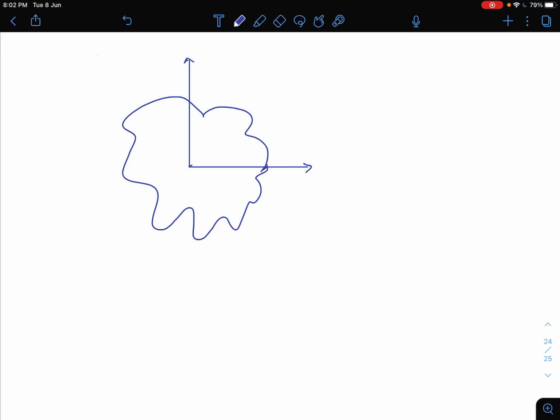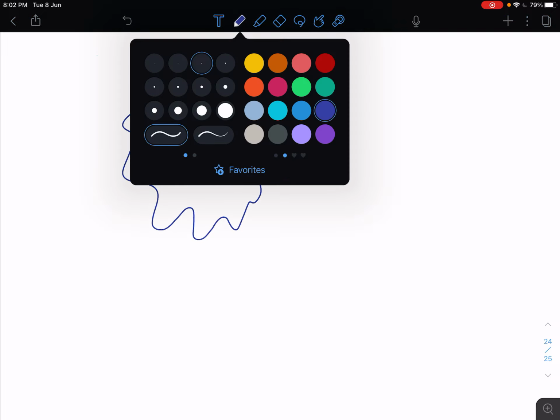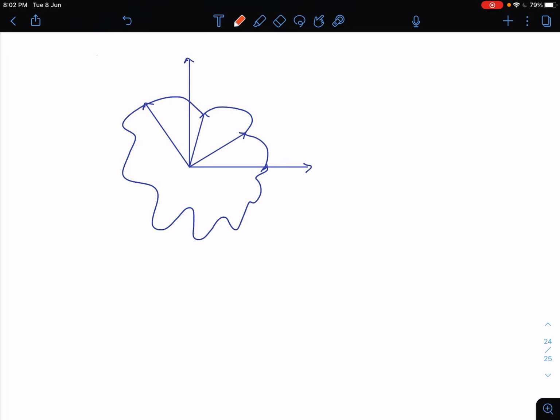At any instant of time, this is the position vector of the body, and at another instant of time the body goes here, and at another instant the body goes here. This is the Cartesian version, and the rotation is happening, let's say, in a 2D plane.